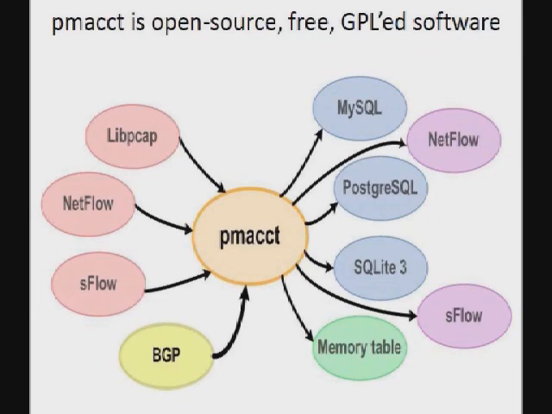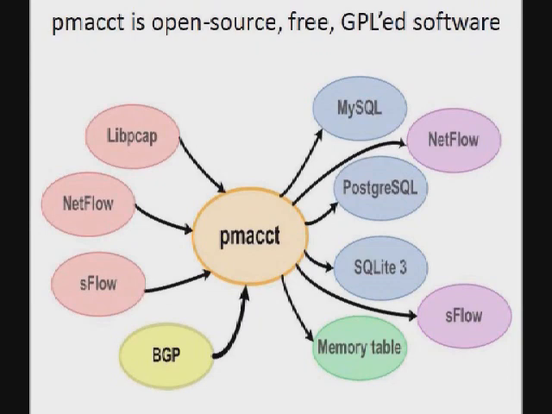With the next slide, it will become more apparent why I think it's a good enabler for the task. Essentially, in this slide you can see on one side a number of traffic collection methods, so libpcap, NetFlow, sFlow, and things like that. On the other side you have common open source relational databases, but also memory tables. PMACCT is sitting in the middle.